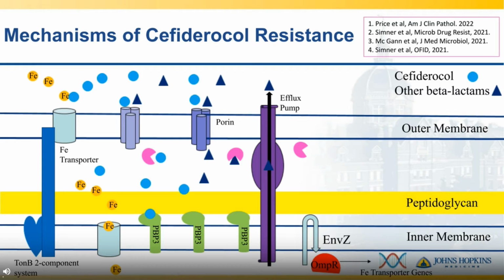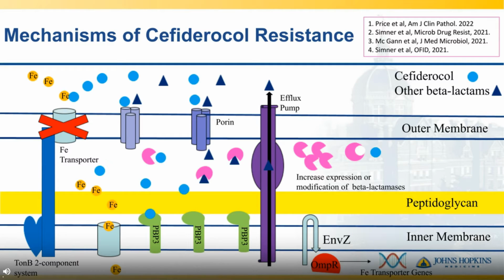However, what we found through various studies, either looking at baseline cefiderocol resistance, so this is resistance before the agent was even available clinically among multi-drug resistant gram-negatives, as well as additional studies, such as the one I'm presenting here with the development during therapy, and other case reports, is that there are various different mechanisms that can mediate cefiderocol resistance, including mutations within iron transporter genes, and the increased expression or modification of beta-lactamases.